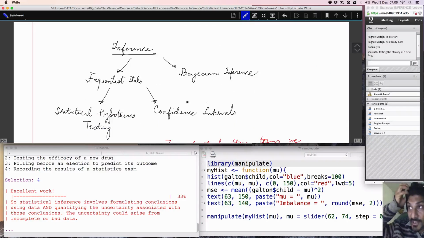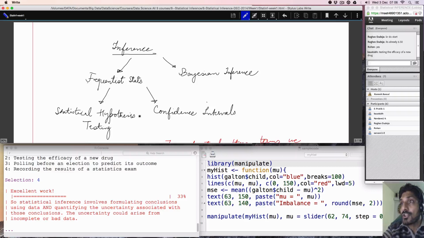Now inference. Statistical inference is divided into two parts. Again, these are just words that we're talking about right now. We will see as we move ahead what all these mean, but right now I'm just throwing out some words. One is called frequentist statistics and another is Bayesian inference.